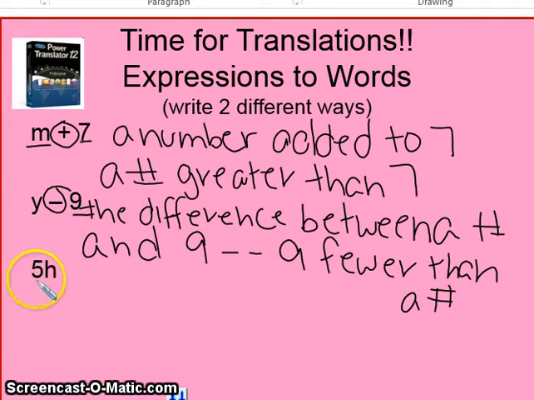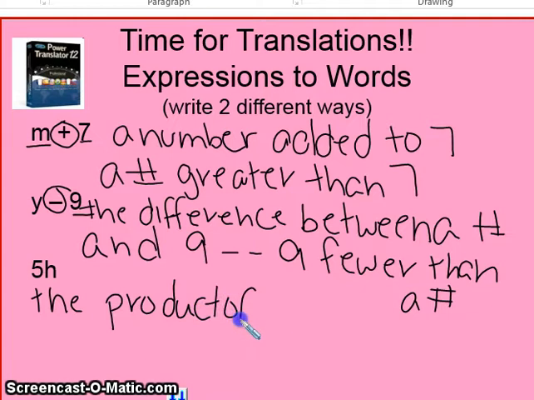And this last one on this page is 5h, and when they're written next to each other, that signifies multiplication. So we are multiplying 5 and h, or 5 and some number. So we need to use some of those expressions that signify multiplication. Now, one way to do this would be to use the word product. So we could say the product of 5 and a number, or another way we could say this is 5 multiplied by a number, 5 times a number.